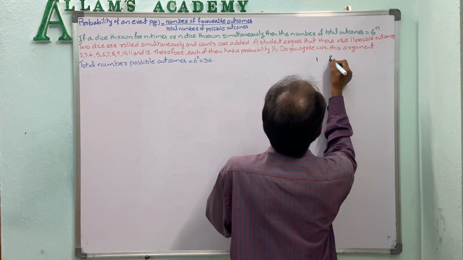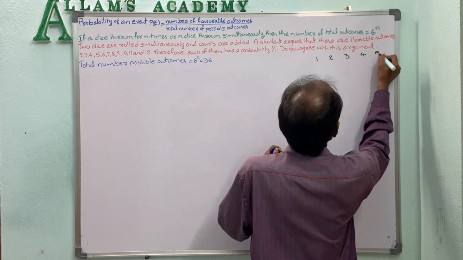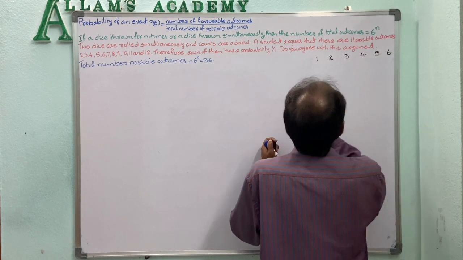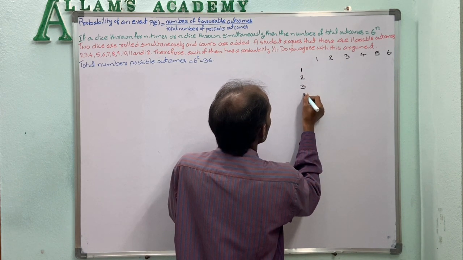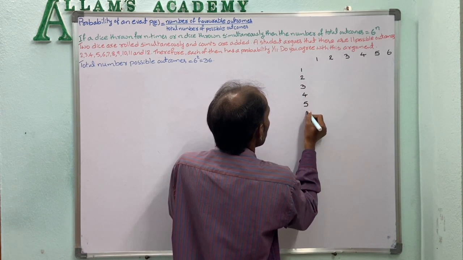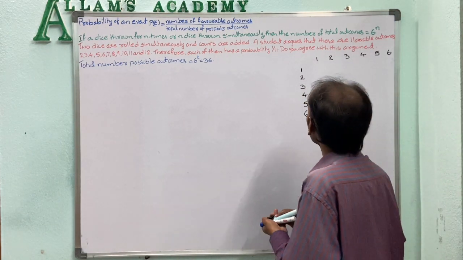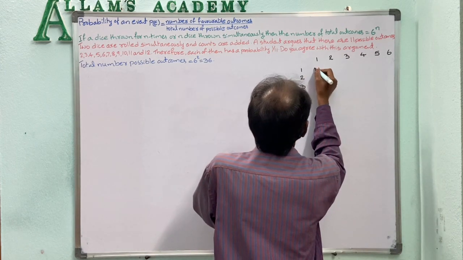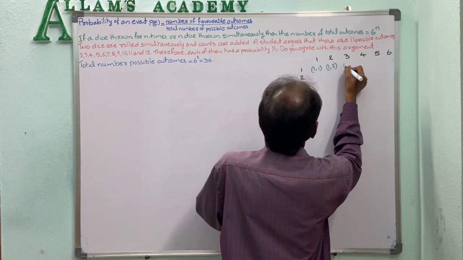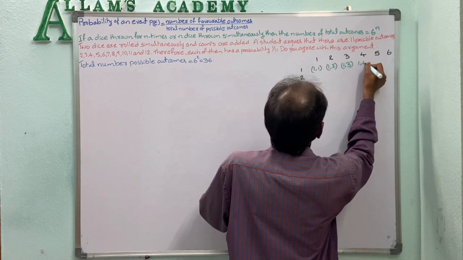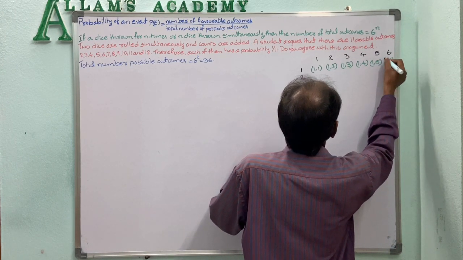With faces 1, 2, 3, 4, 5 and 6 on each die, on top they will look like 1 1, 1 2, 1 3, 1 4, 1 5, 1 6.